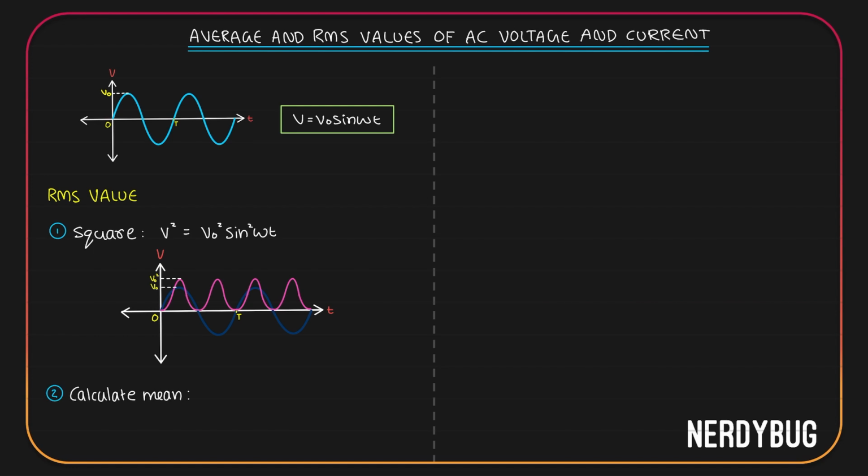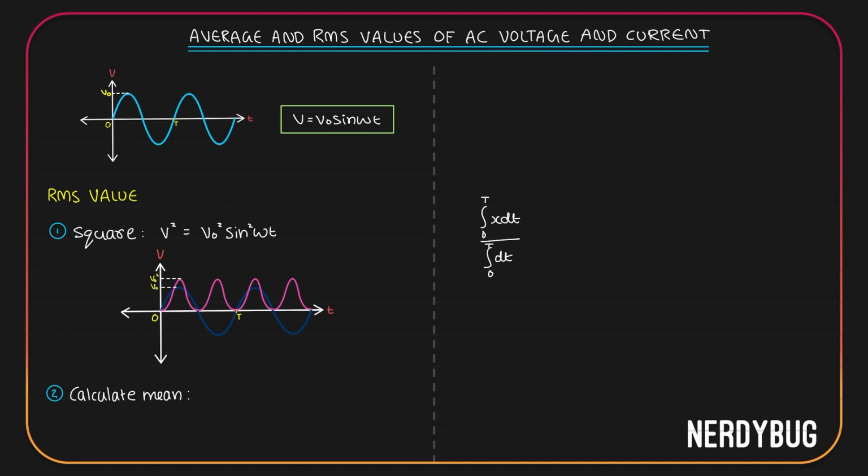Like we saw previously, mean of any quantity x is given like this. Integral from 0 to 1 time period of x dt divided by integral from 0 to 1 time period dt. Here x, or the quantity whose mean has to be found, is V squared. V squared is V naught square sine square omega t.